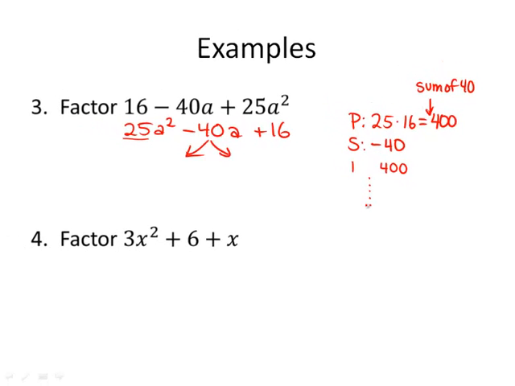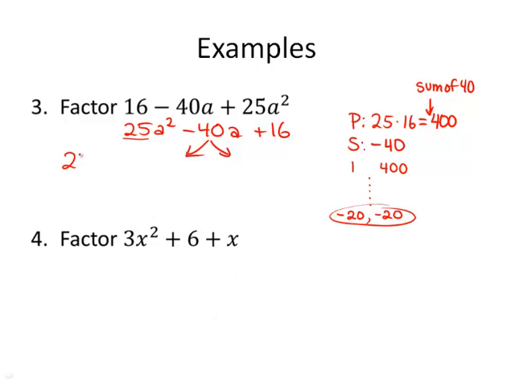You could keep writing these out, but you would eventually lead up to 20 times 20. 20 times 20 is 400, and 20 plus 20 is 40. However, since our sum is negative, that means both of them need to be negative to give us that. And check. Negative 20 minus 20 is negative 40. Negative 20 times negative 20 is positive 400.